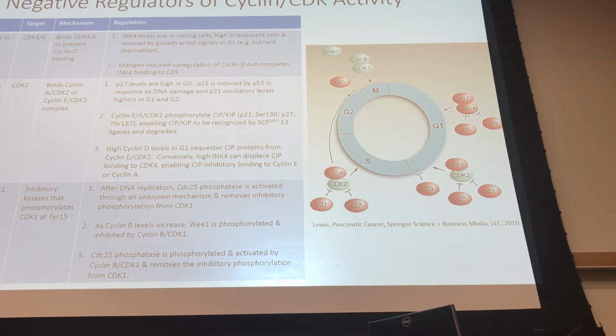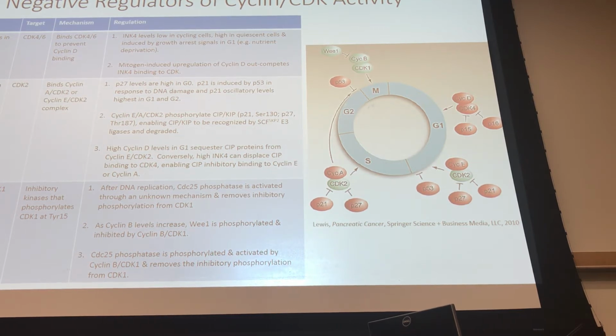P21 is an inhibitor of either the cyclin A CDK2 complex or the cyclin E CDK2 complex. So it'll prevent the cell from moving forward through the cell cycle by blocking either cyclin E CDK2 activity or cyclin A CDK2 activity.